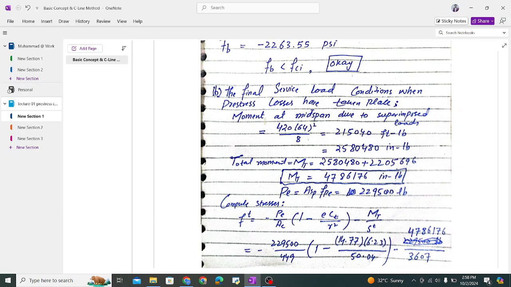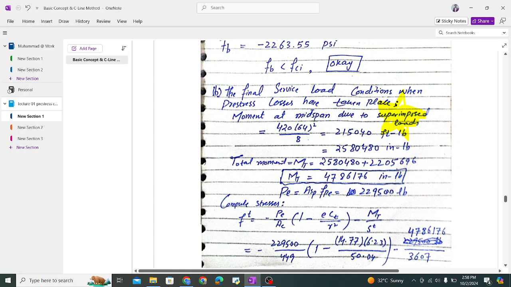Let's find a moment: the moment at mid-span due to superimposed dead loads. These are the gravity loads, or you can say external gravity loads, which are now considered. So we are in the service load condition.